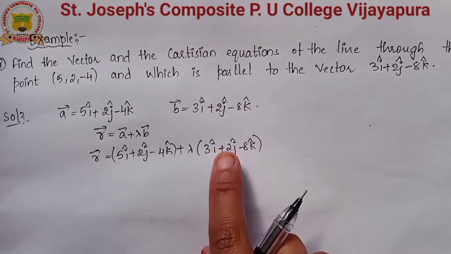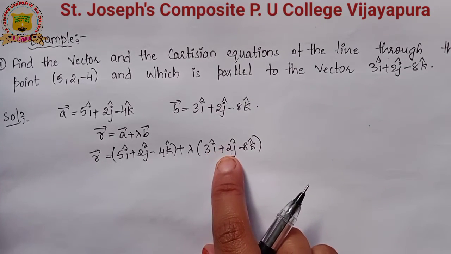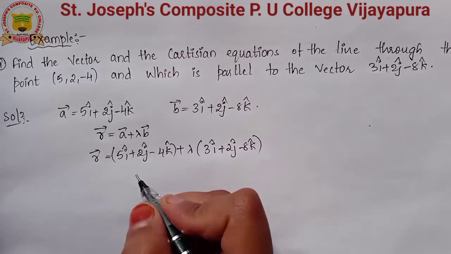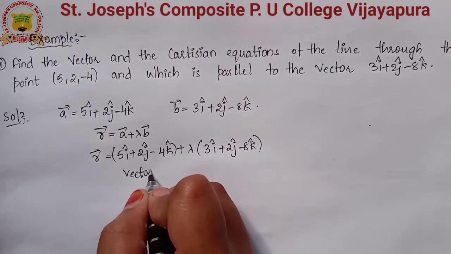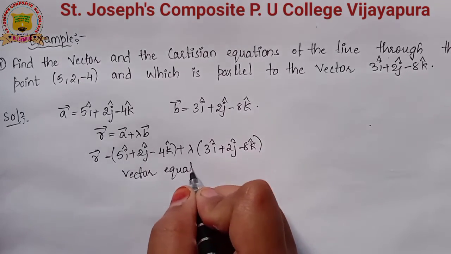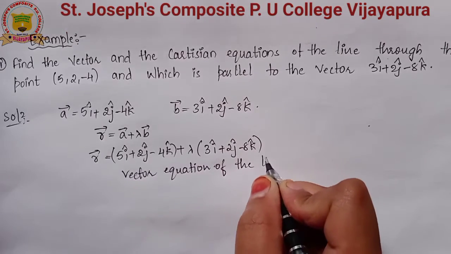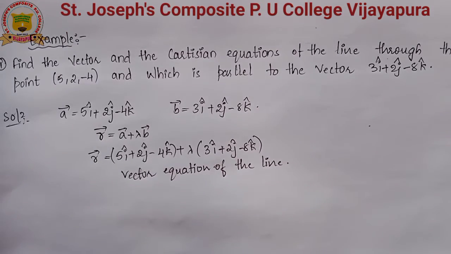This is the required equation of the line in vector form, or we can say this is the required vector equation of the line.